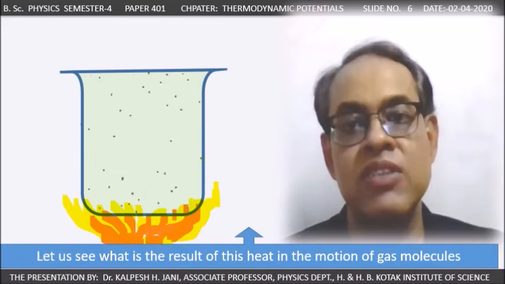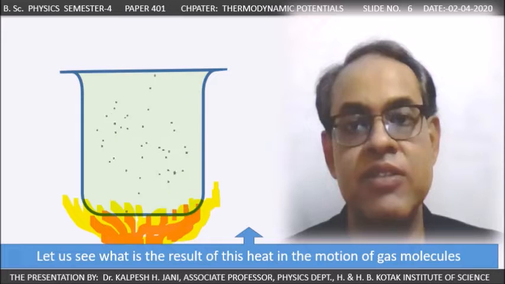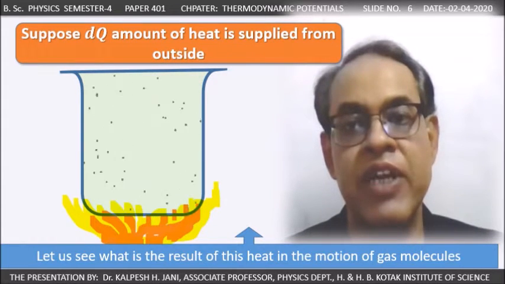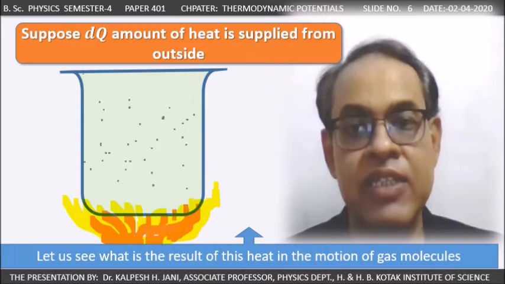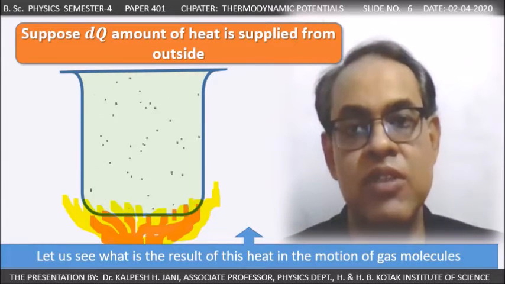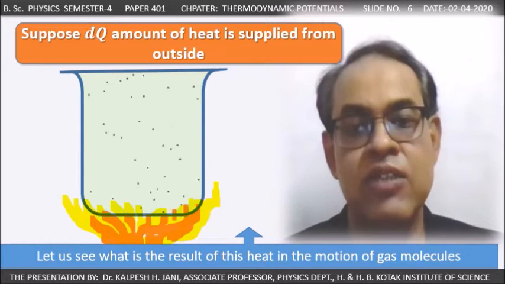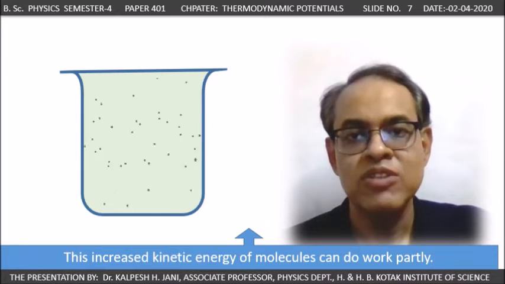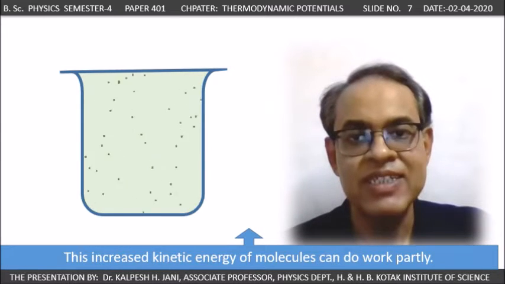And what is the outcome of this supplement of heat from outside? Obviously we can expect that there would be an increase in the motion of the molecules of the gas. As you can see here, the overall motion of the molecules of the gas has increased.